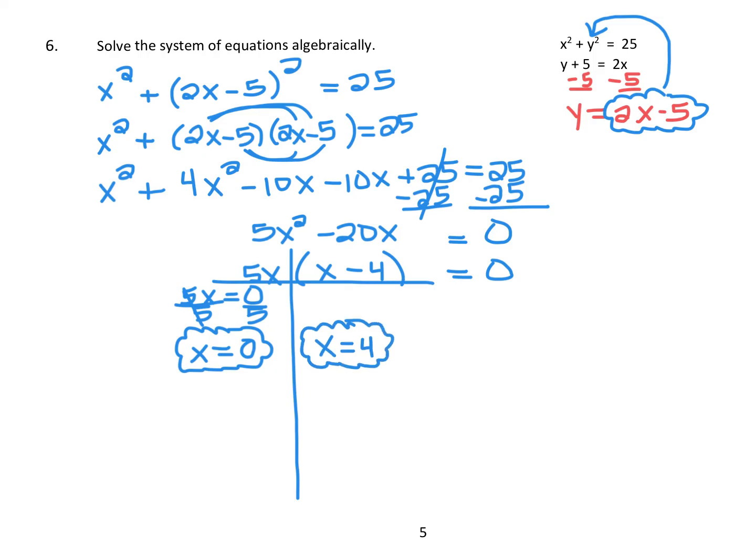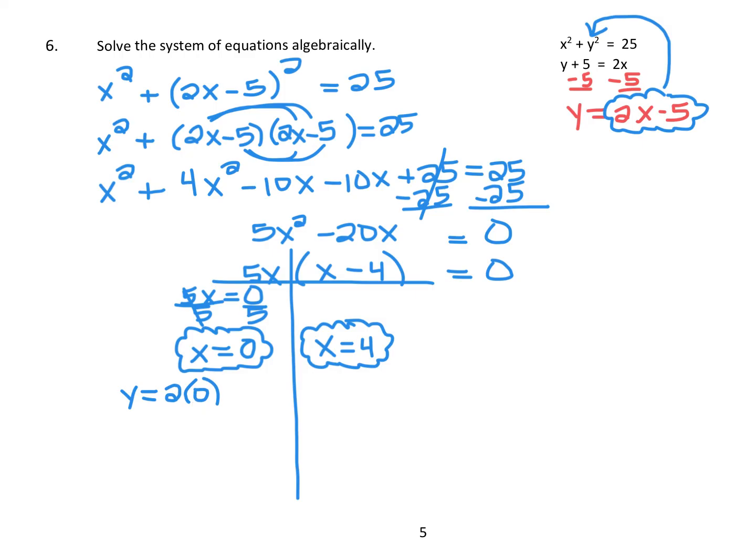Now we need to find the y values that correspond, and you can use any of the equations. You can use this one. You can use this one. You can even use the one that we created. Since we're solving for y, I think this one's the easiest, right? y equals 2x minus 5. So I'm going to do that. y equals, let's start over here, y equals 2x. So in place of the x, I'm going to plug in a 0, because right here, x is equal to 0.